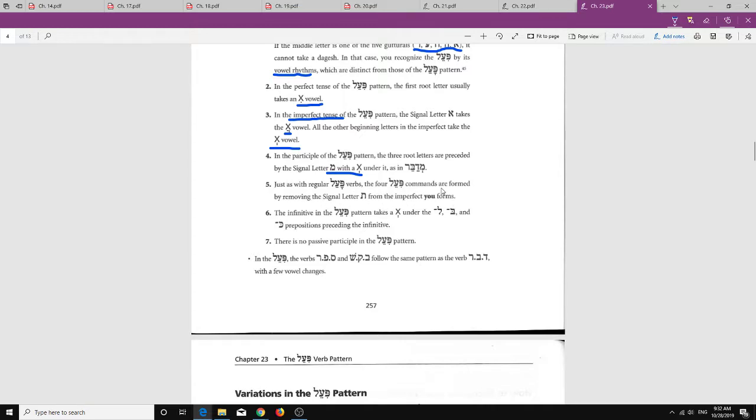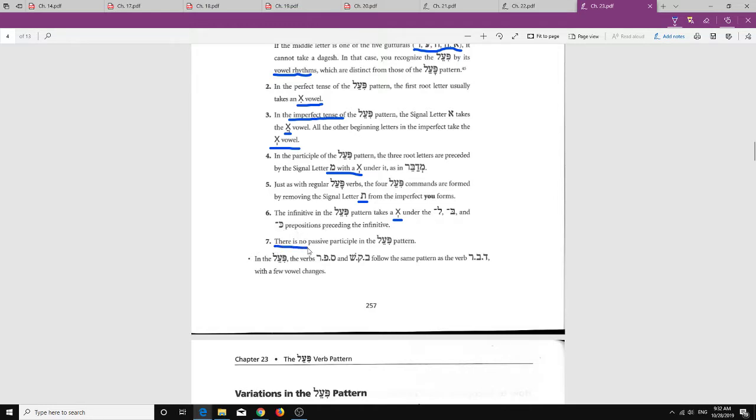Well, this should go without saying: for the commands, it's just the imperfect minus the signal letter, right? And then for the infinitives, I guess they're just saying that there's a shava underneath any of the prepositions that come before a construct infinitive.